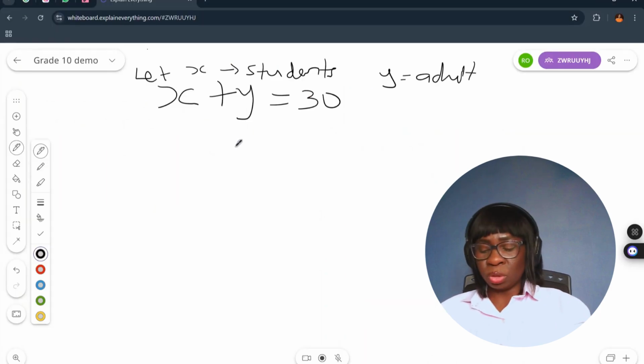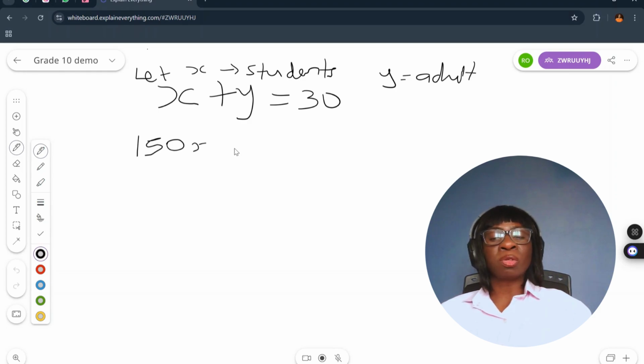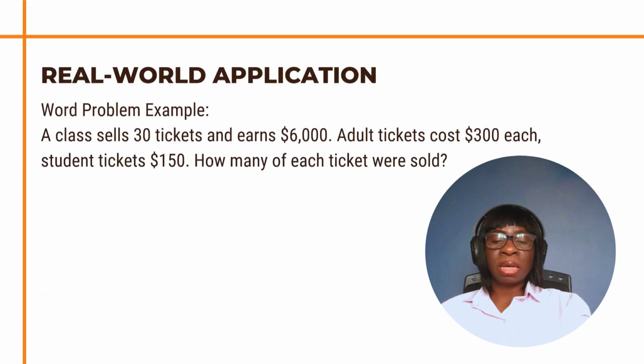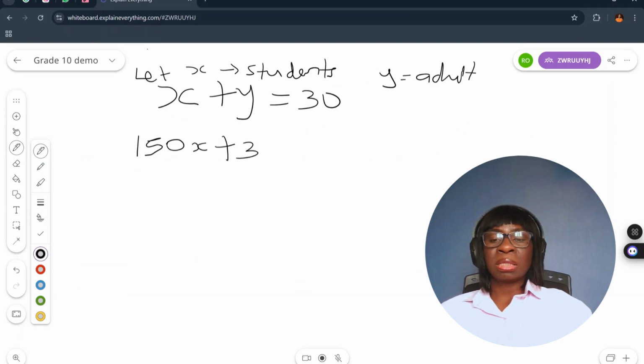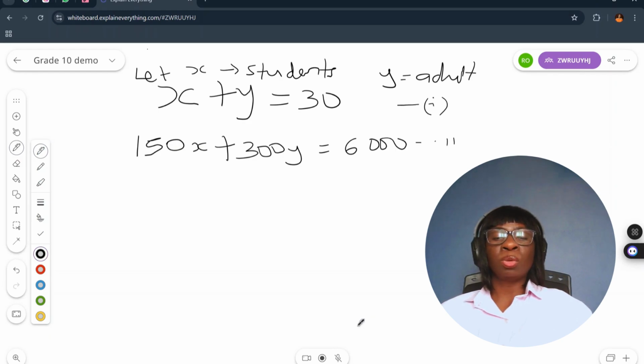We don't know the number of student tickets that was sold. So that means $150 times the number of student tickets sold plus $300 times the number of adult tickets sold would give $6,000. So this is equation 1 and this is equation 2.